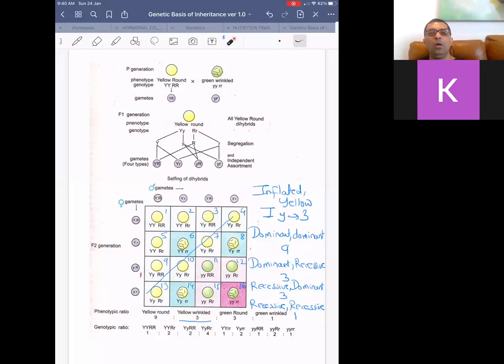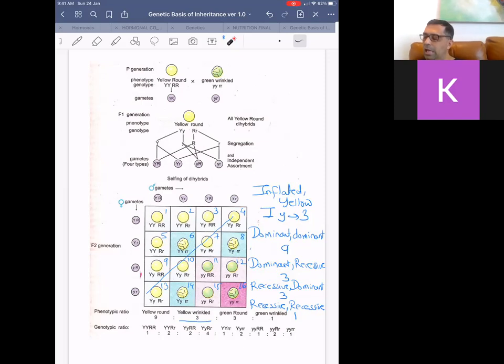So total inflated yellow plants कितने आएंगे? Inflated yellow dominant recessive are 3. So you get 3 dominant recessive. So 3 inflated yellows you will get.